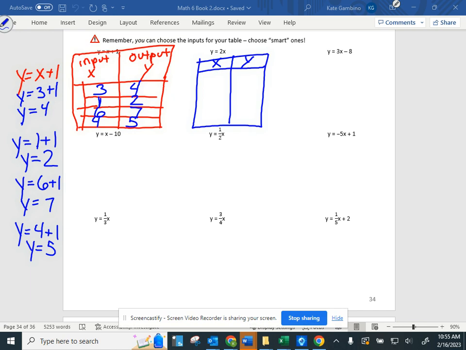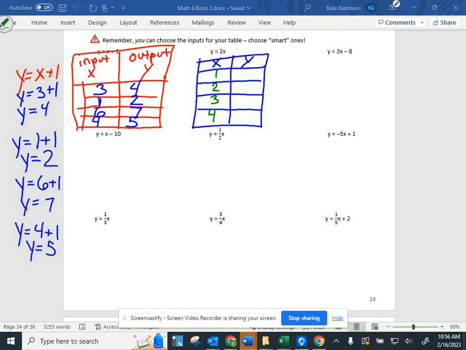Jillian. Do we have to put like 3, 1, 6, 4 in order or no? You don't have to organize it. Myself personally, what I do is when I do it, I go, okay, my rule is 2 times X. Because my brain likes to be ordered, I'll just do 1, 2, 3, 4.